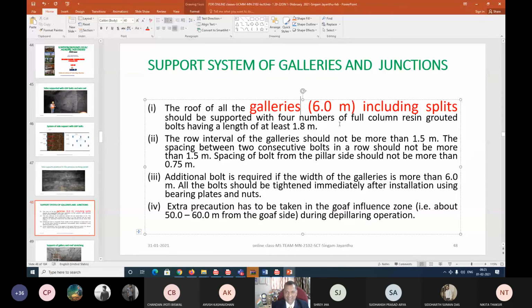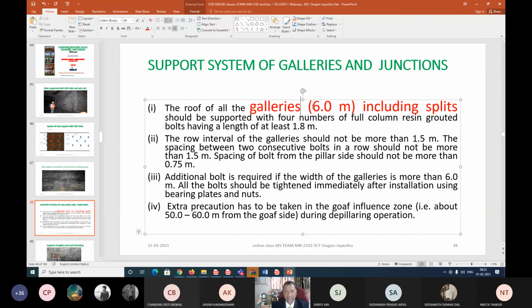Why is it 6 meters, why not 4.8 meters? Already we discussed that for the benefit of our machines, whether the continuous machinery or the shuttle cars to move, whatever mechanization we try to adopt, that requires more space for better utilization of the machinery, and that is one of the reasons why these galleries are widened.